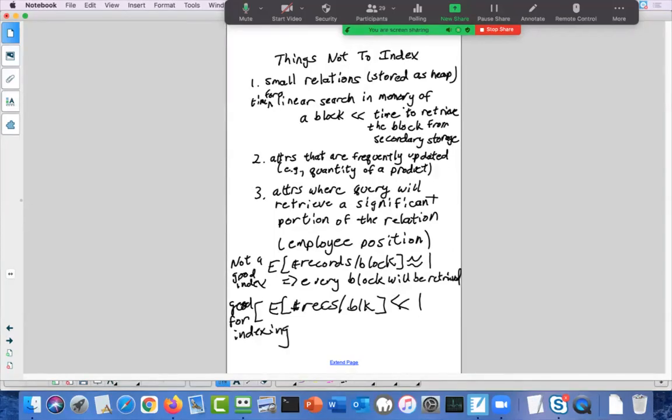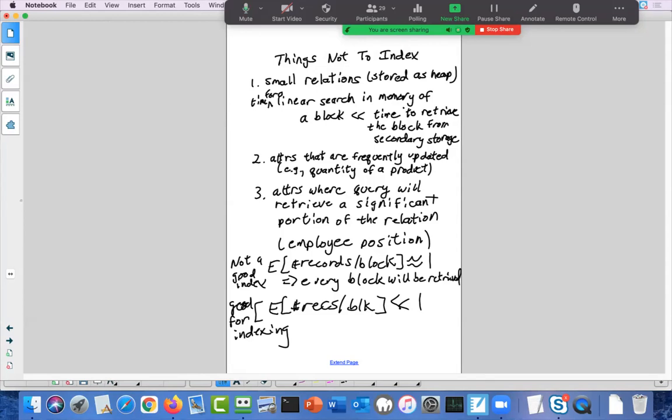Okay, is that clear? Because that's really important. A lot of students will think that if you're only getting 1% of the database, that must be a good attribute for indexing. But that's probably not, because you've probably got roughly 100 tuples per block. So 1% of the database means on average 1 record per block in that case.